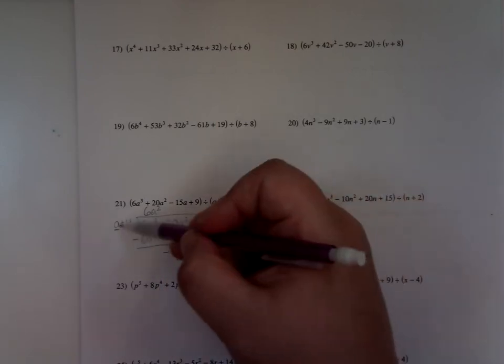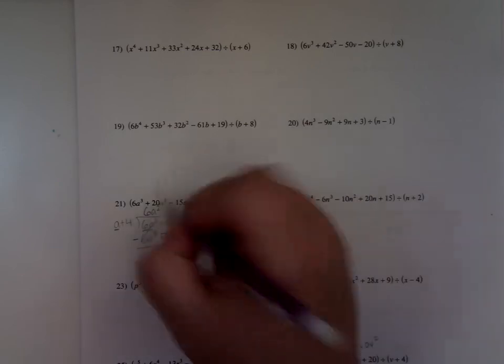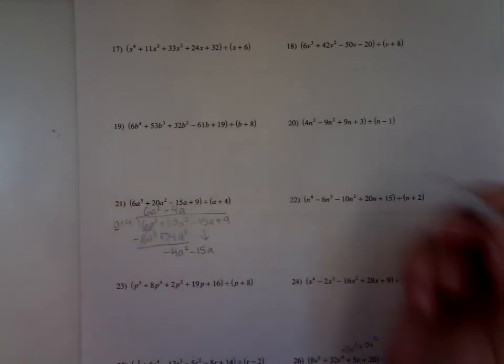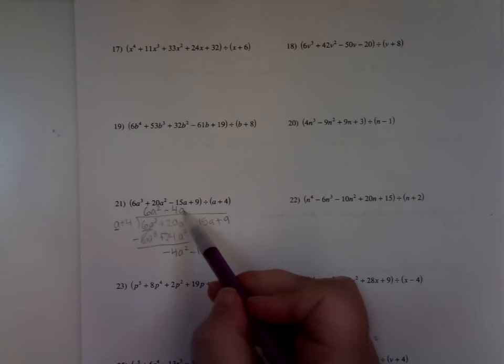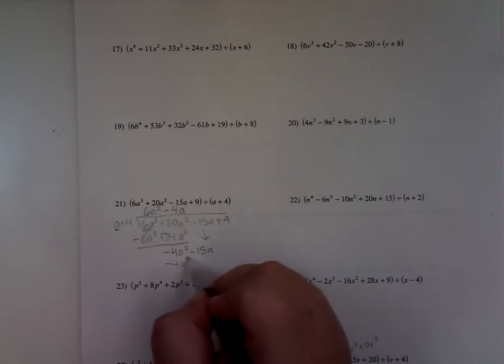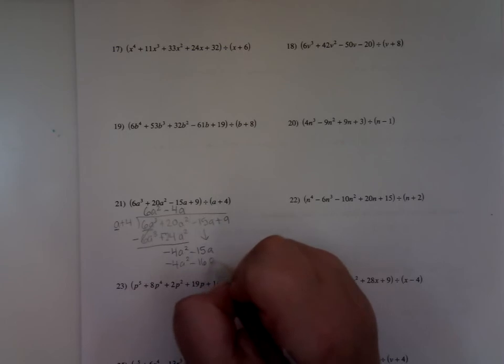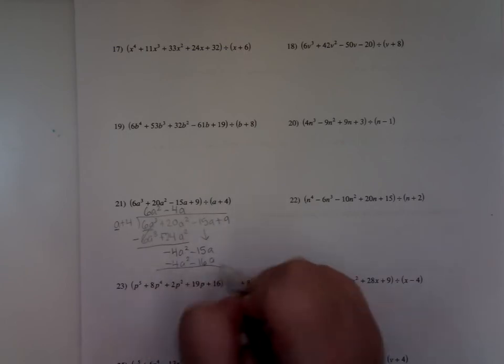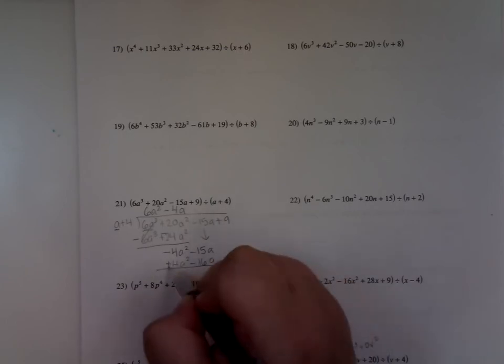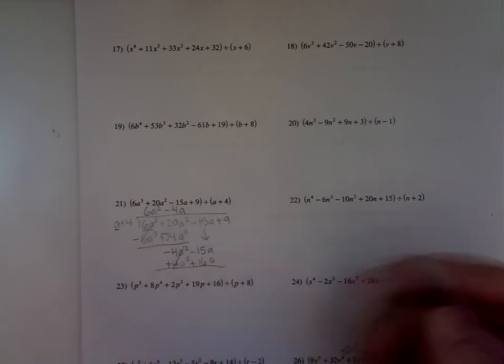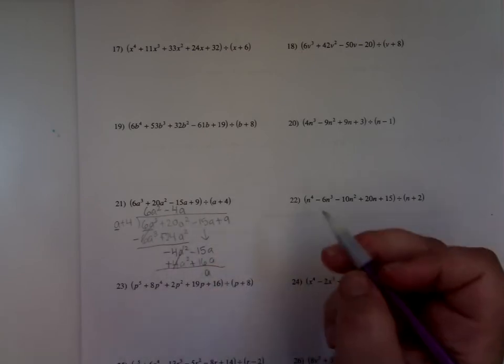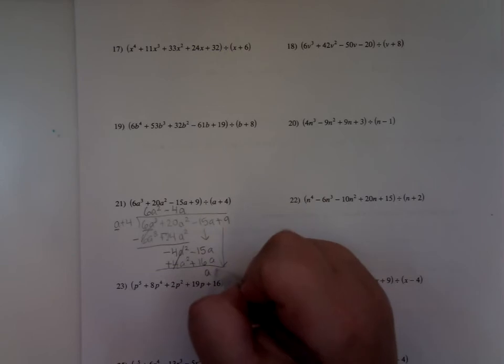A goes into negative 4a squared negative 4a times. We multiply through. We've got negative 4a squared, and then negative 4a times 4 is going to give us negative 16a. Subtract, subtract, so that means these are going to become pluses. Those go away, and we're left with an a. We bring down the plus 9.